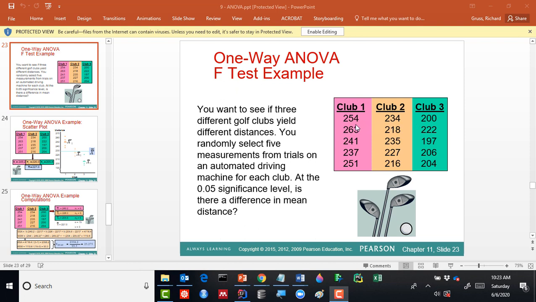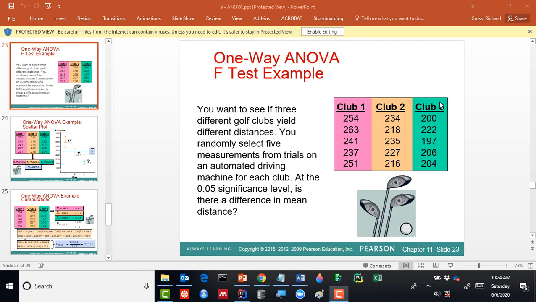Think about that assumption, that the variance for club 1, club 2, and club 3 is about the same, and why that would be important for the validity of the ANOVA.